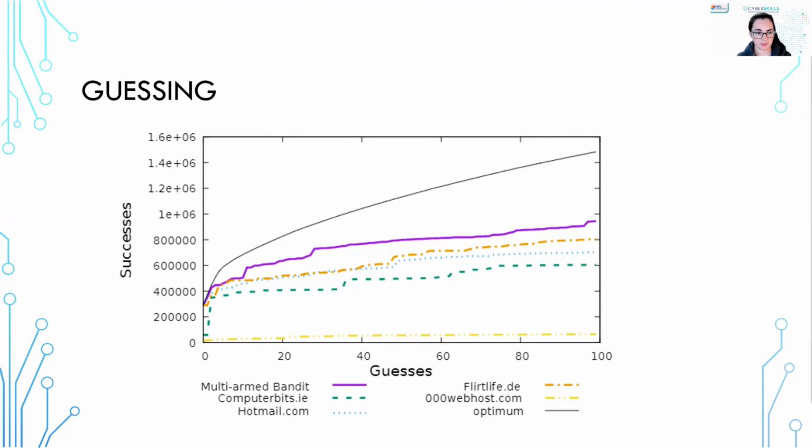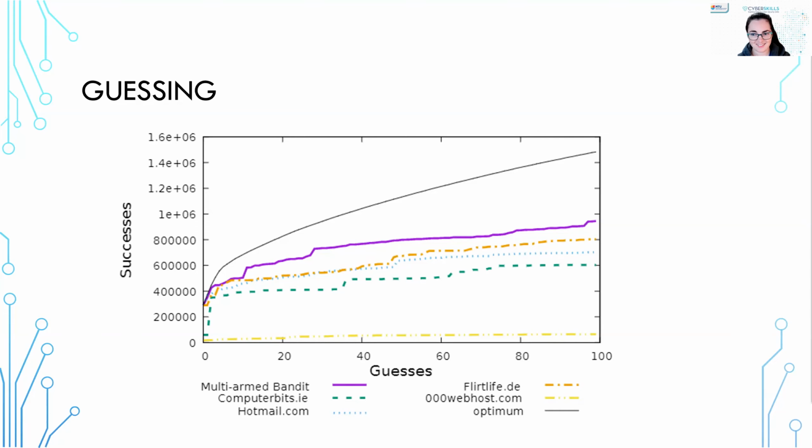That means we have some comparisons, but essentially what we did here is we tried guessing with just individual dictionaries, like the Flirt Life dictionary, the Web Host dictionary, the Hotmail and the Computer Bits dictionary. And then we tried the multi-arm bandit method of combining the guesses from all the dictionaries. And we can see that using the multi-arm bandit, we got much better results.